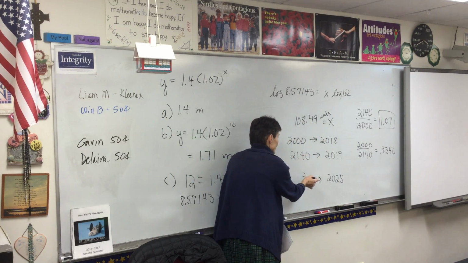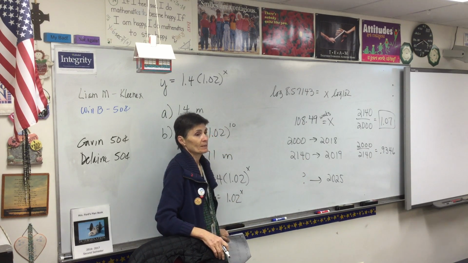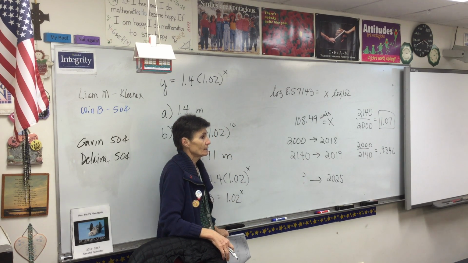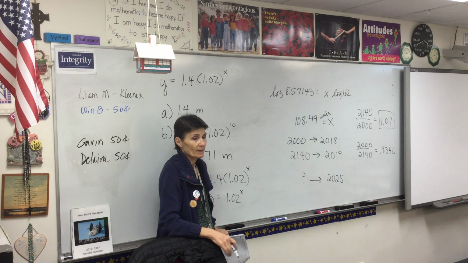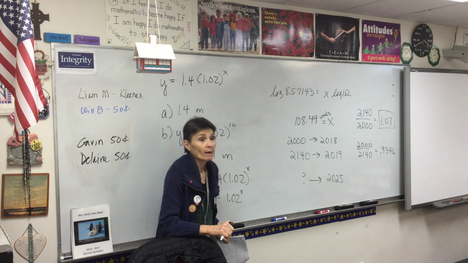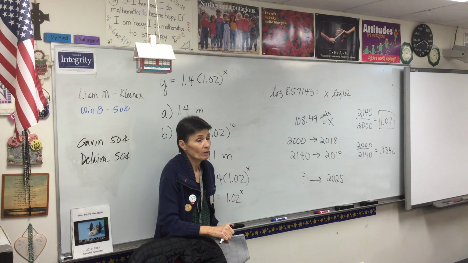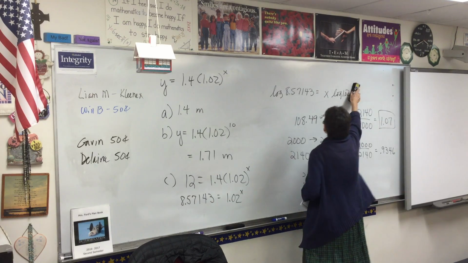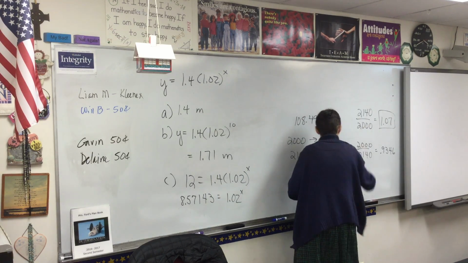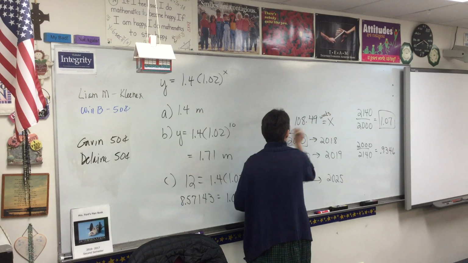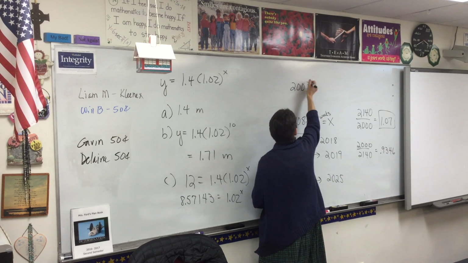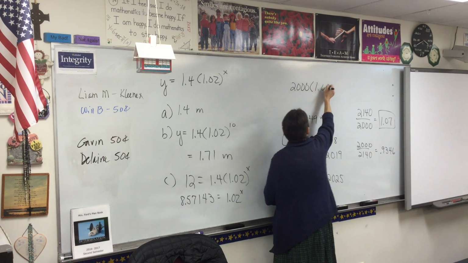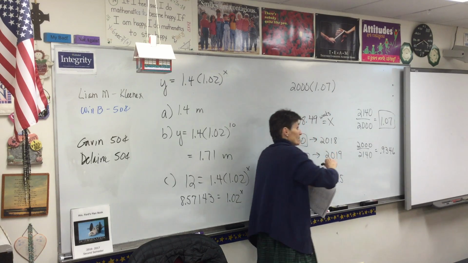We wanna know what is the population in 2025? So help me out. What do you think? I don't know. I think I'm wrong. Say it. I don't think you're wrong. We're gonna start with 2,000 because that's our starting population, right? We're gonna start 2,000 times 1.07.